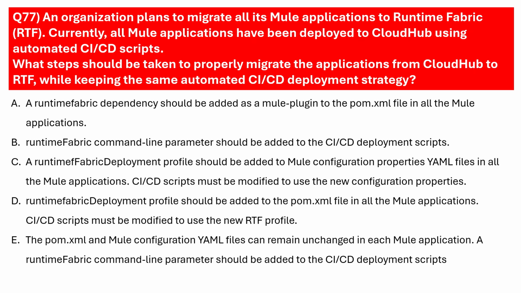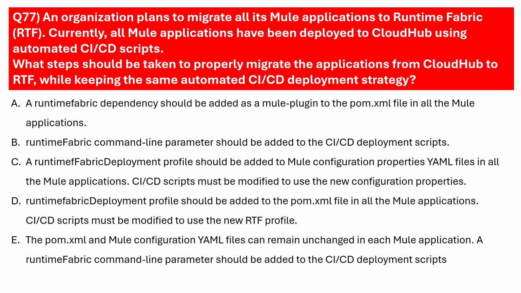the Mule applications. B. Runtime Fabric command line parameters should be added to the CI/CD deployment scripts. C. A runtimeFabricDeployment profile should be added to Mule configuration properties YAML files in all the Mule applications. CI/CD scripts must be modified to use the new configuration properties.